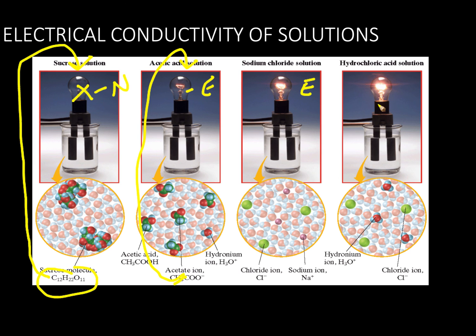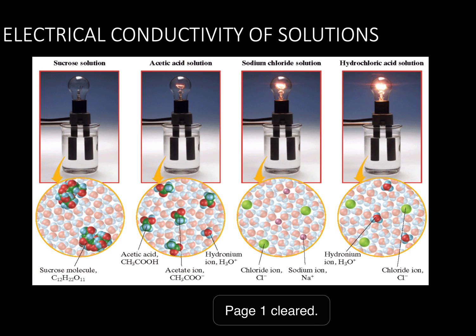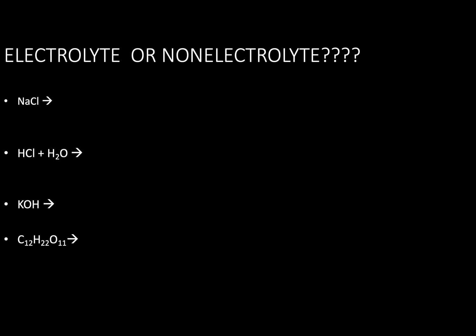And hydrochloric acid, the light bulb's about to break. There's so much energy here. So we see here that this is an electrolyte. Okay, so now, from our reactants here, or our compound, do we have an electrolyte or non-electrolyte?